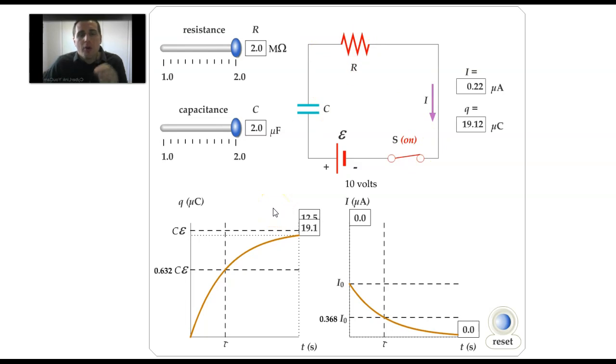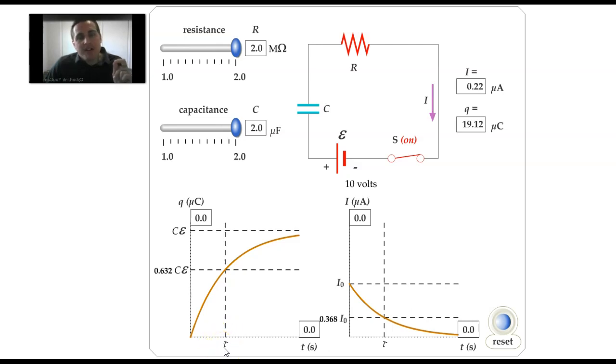So, notice that the time it takes to charge a capacitor will increase as the capacitance and the resistance increase. In fact, this thing we often call tau is what we call the time constant.